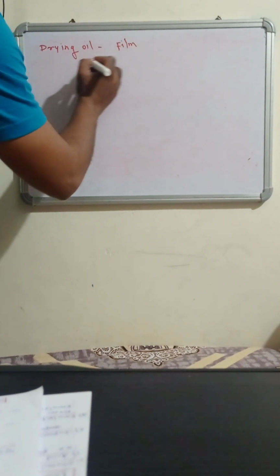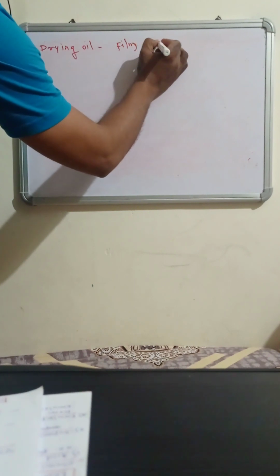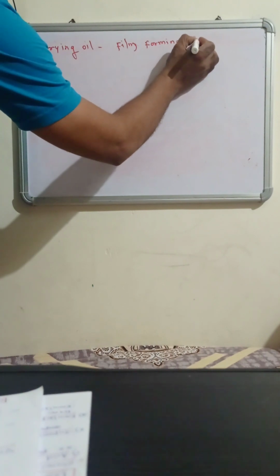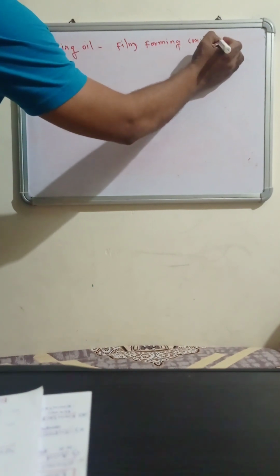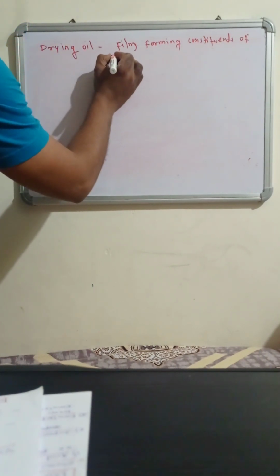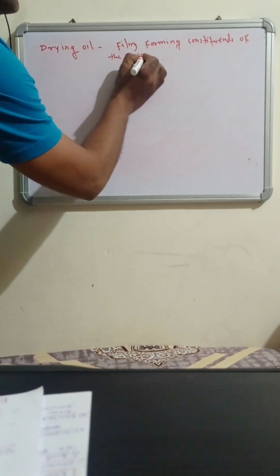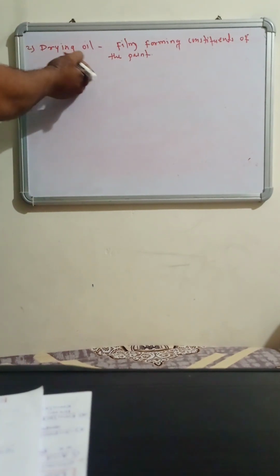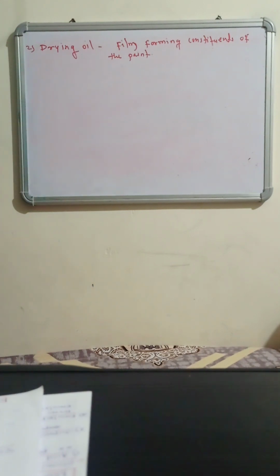The characteristic of the drying oil is that it is the film forming constituent of the paint. So it is the second ingredient, that is drying oil. The function of the drying oil is that it is a film forming constituent of the paint.